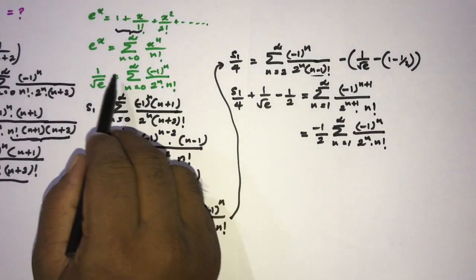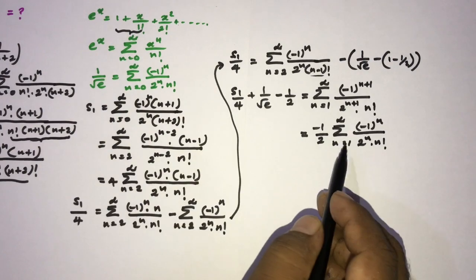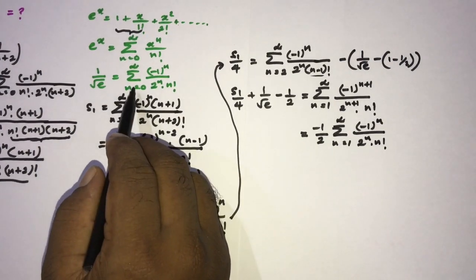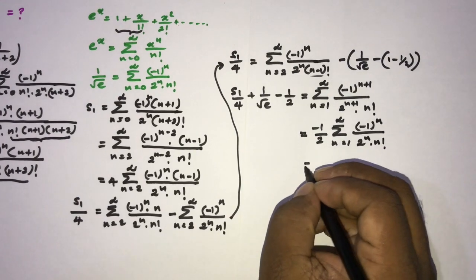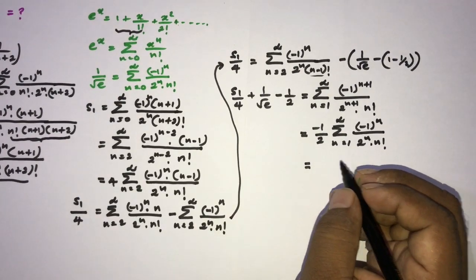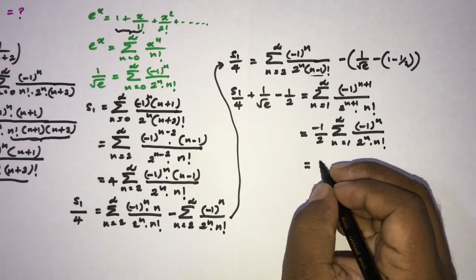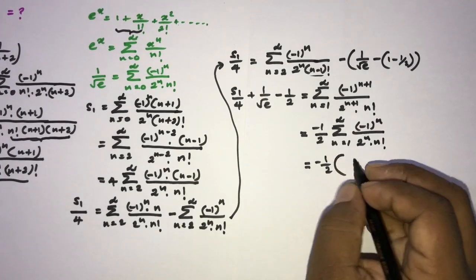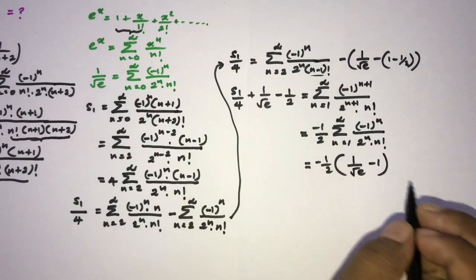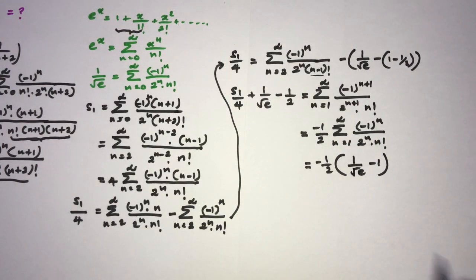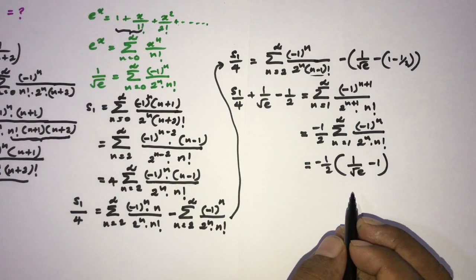Okay, again this formula, but here n is equal to 1, so we should subtract 1. So we can write now this is equal to minus 1/2 times 1 over square root of e minus 1. Okay, then we can simplify.